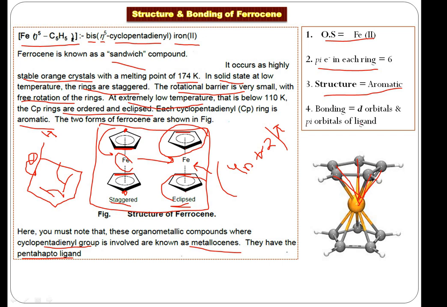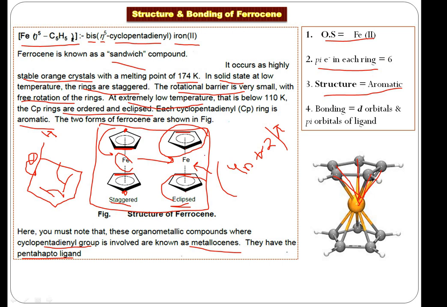So again I will sum up this ferrocene structure. The hapticity of ferrocene is 5. It has 2 cyclopentadienyl rings, and each cyclopentadienyl ring is aromatic. It obeys Huckel's rule. Then we have a sandwich structure where iron is sandwiched between the two, and the number of pi electrons in each ring is 6.